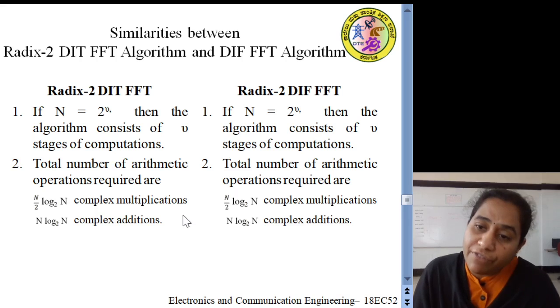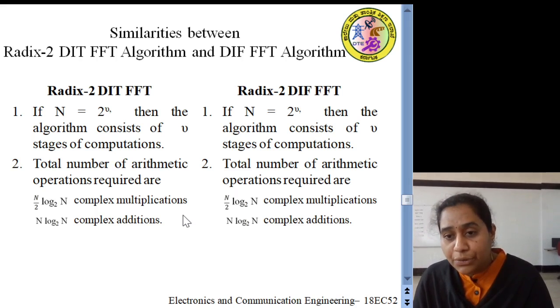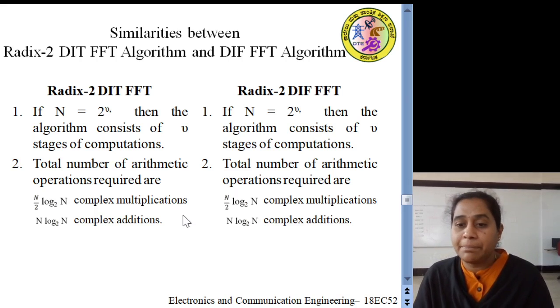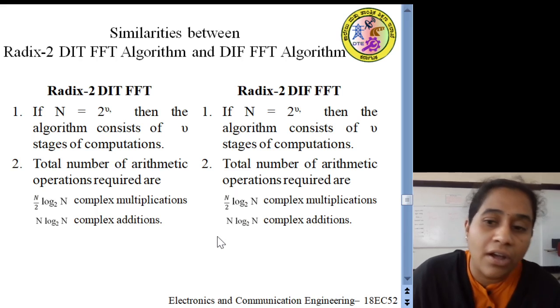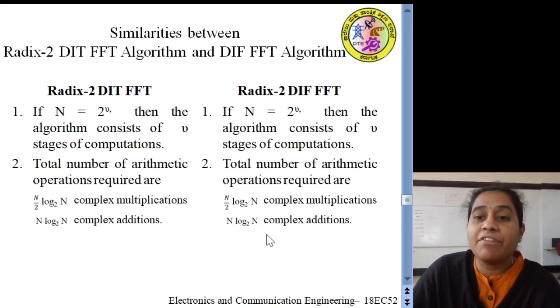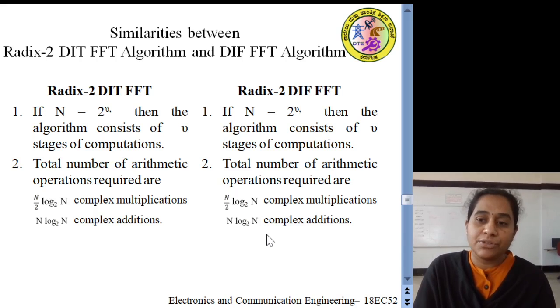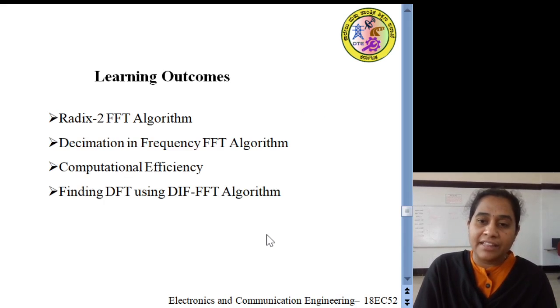Similarly, the DIF FFT also has the same arithmetic operations, that is, N by 2 log N to base 2 complex multiplications as well as N log N to base 2 complex additions. So these are the main similarities between the radix 2 DIT FFT algorithm and the radix 2 DIF FFT algorithm.